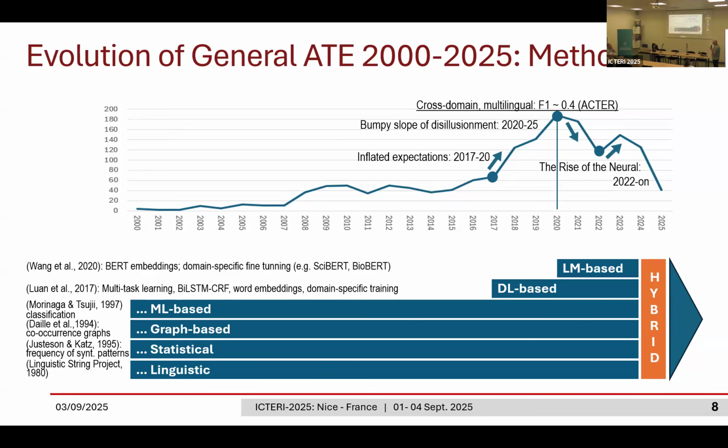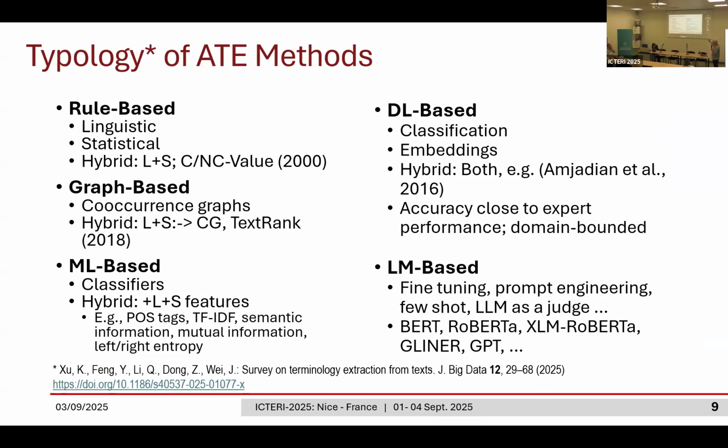So this is the topology. The methods for automated term recognition are rule-based, which could be linguistic, statistical, or hybrid, combining linguistic and statistical parts; graph-based; machine learning-based, like classifiers, also hybrid, adding linguistic and statistical features to the classifiers.